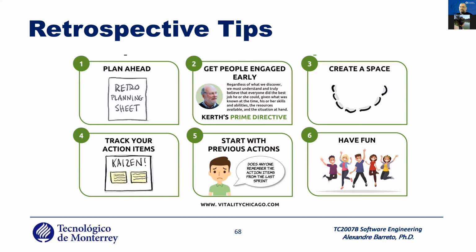Start with the previous actions. Talk about what you defined that you would start doing, did you do it or not? Or you said that you would do it, however, you didn't start. And have fun. Again, it's a relaxed time.